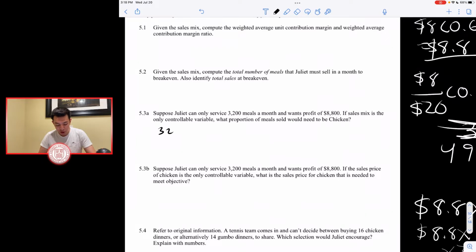And he can only service 3,200 meals a month. So I'm going to do 3,200 times X minus 22,000 equals 8,800.